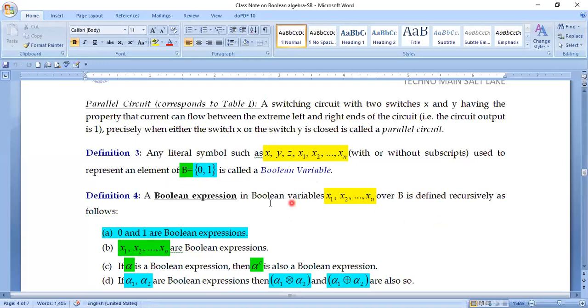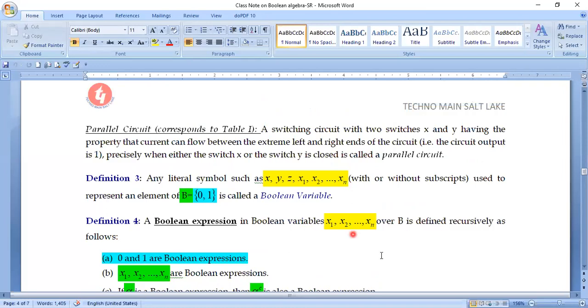So in this case, if I replace 0 by x, in the plus operation we'll write x plus x equal to x, and y into y equal to y, like this. So we can replace these notations 0, 1 with the notations x, y, z, and so on.